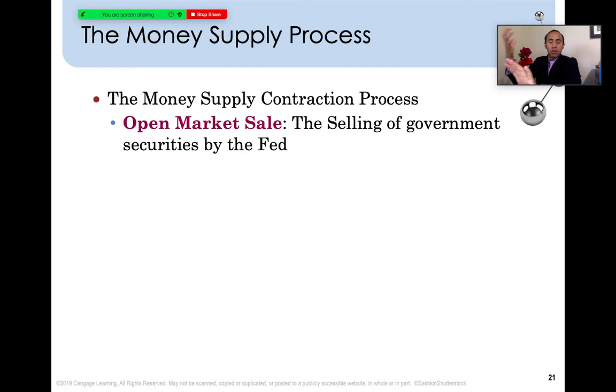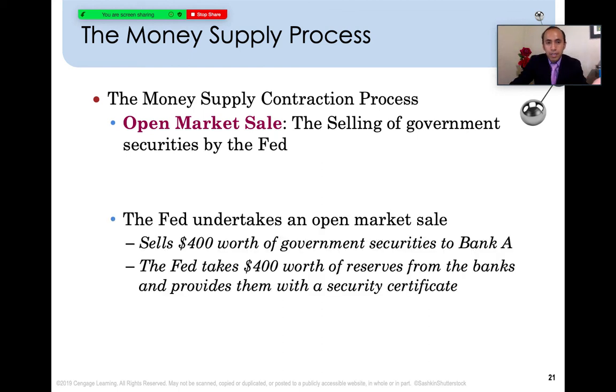Basically, they're taking the reserve cash away from the banks, and the bank is getting a certificate that just sits there, and you cannot lend that certificate. The bank pays with its reserves to the central bank, and the central bank simply holds those reserves.